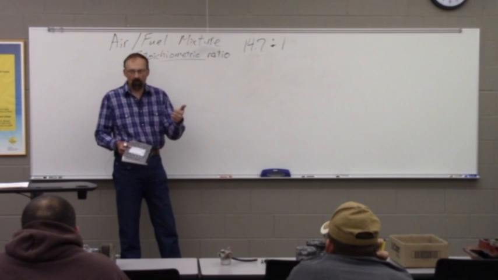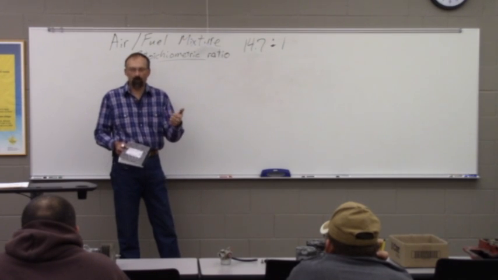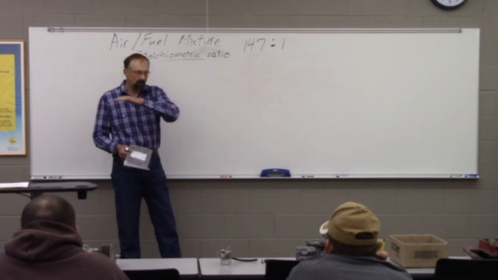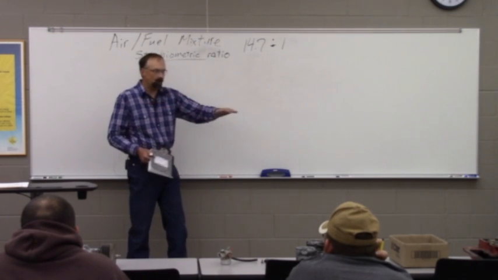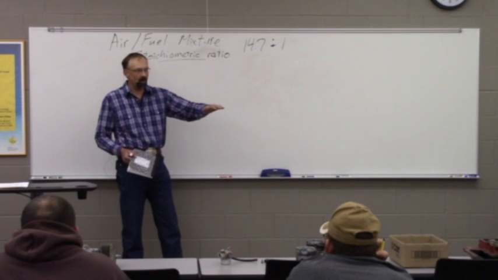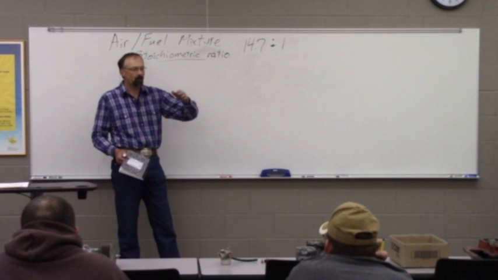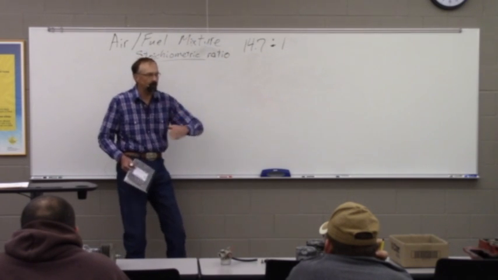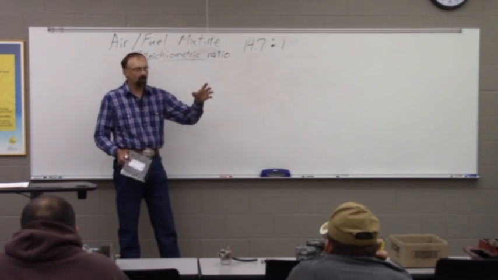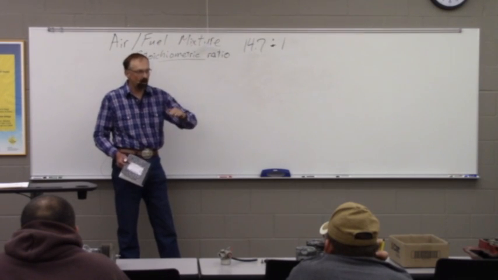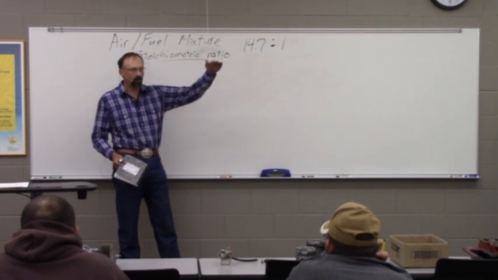The other time that we want to on purpose enrich that mixture is on acceleration. So if we're running our engine at 800 RPMs and now we want it at 1500 RPMs, we're trying to speed it up. Getting that speed to rise works better if we enrich it while we're changing that RPM.